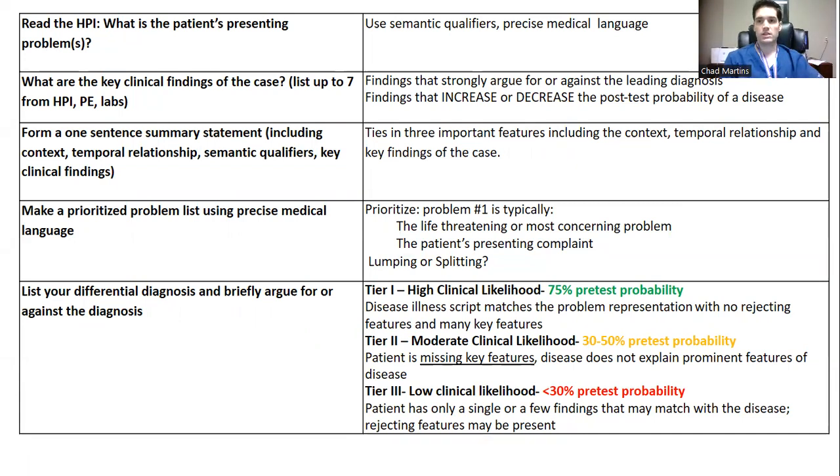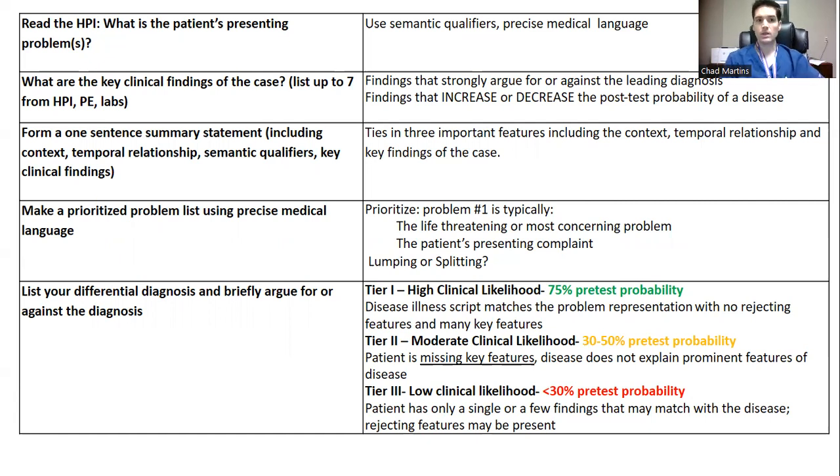And when we talk about a summary statement, I really like for them to include the context, including like the past medical history that's relevant, the temporal relationship, is this like an acute or chronic subacute, and then the key findings of the case. That's what they should include in their problem representation or summary statement.